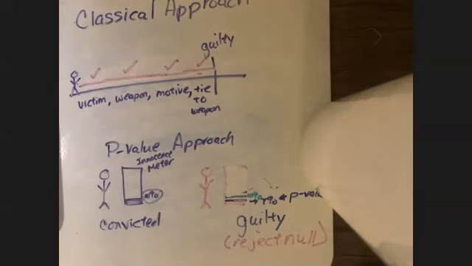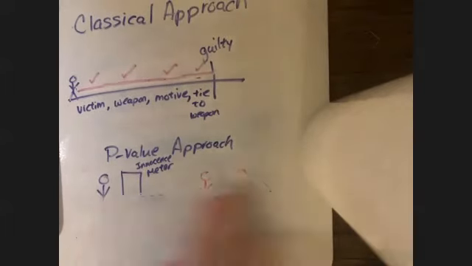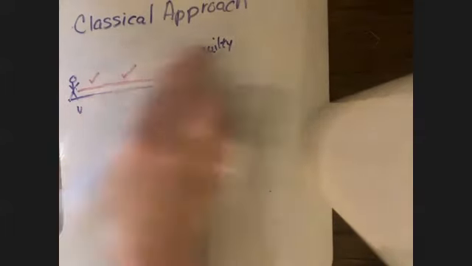So now, in either one of these approaches, we are going to have to find what is called a critical value. So we're going to need a test statistic.